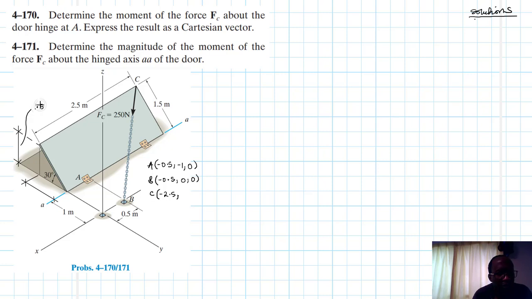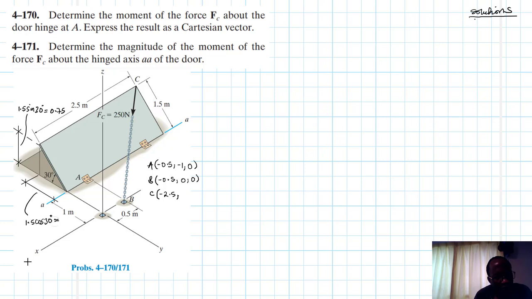So this is 1.5 sine 30, and this one is 1.5 cos 30. 1.5 sine 30, and sine 30 is 0.5, therefore this is 0.75.